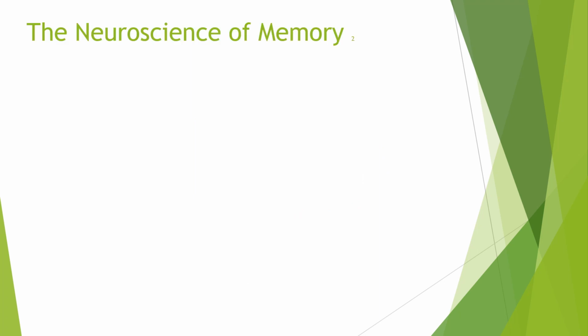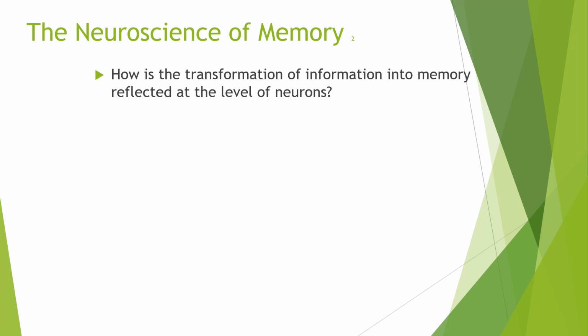The last slide in this module, we're going to discuss this question: how is the transformation of information into memory reflected at the level of neurons? So we're taking some very broad concepts such as memory and we're taking it to a very micro level. And we're going to talk about the neurons and how those are involved in establishing memories.